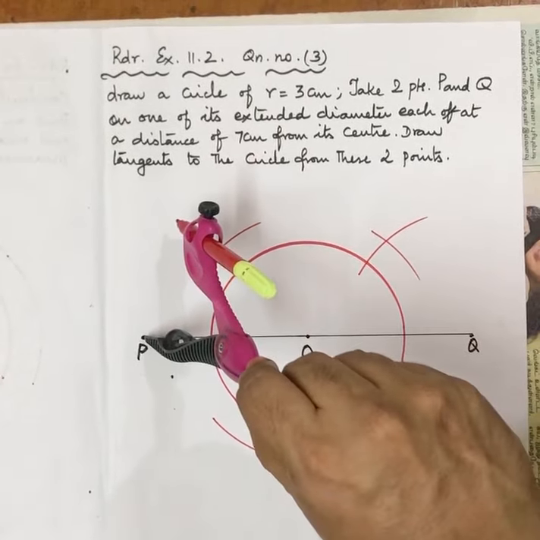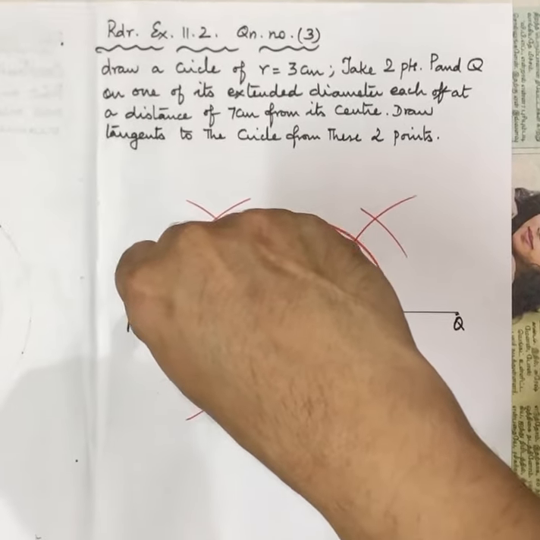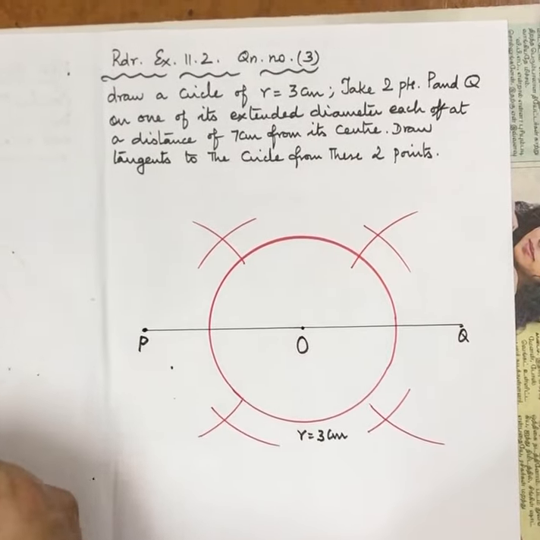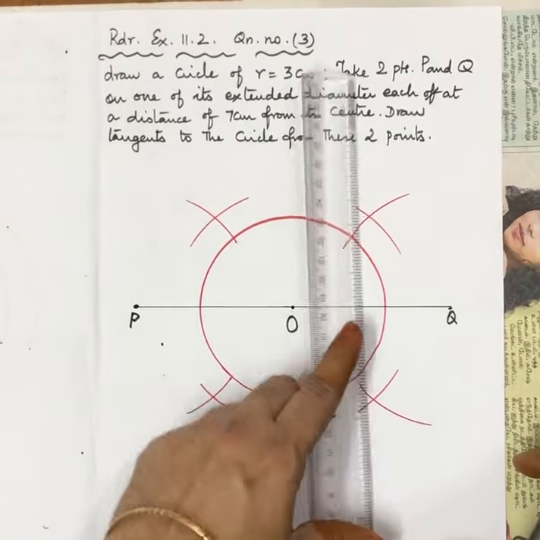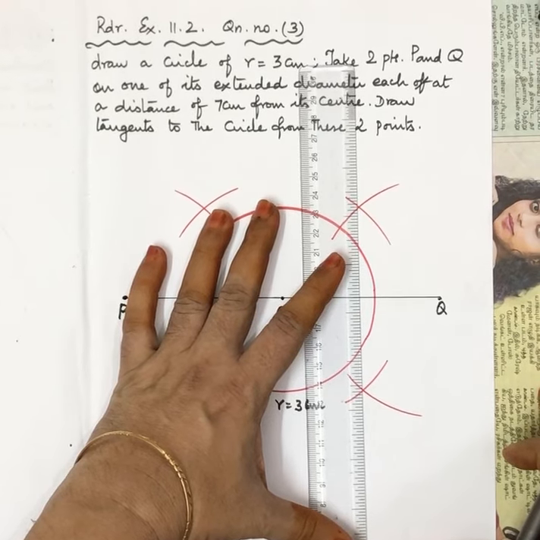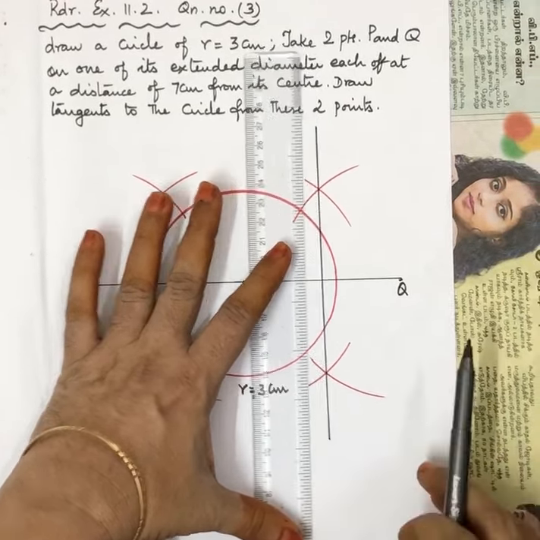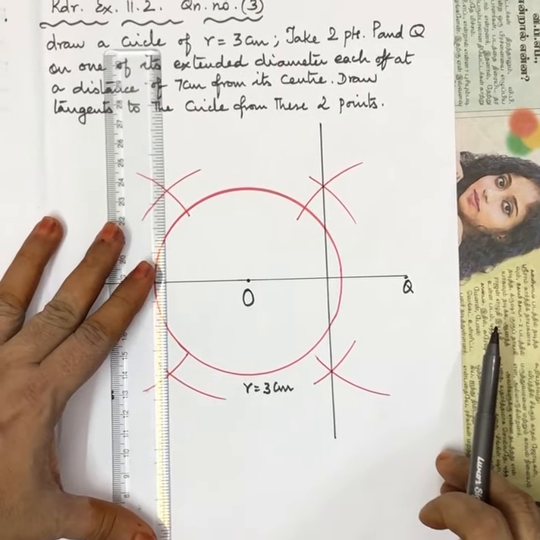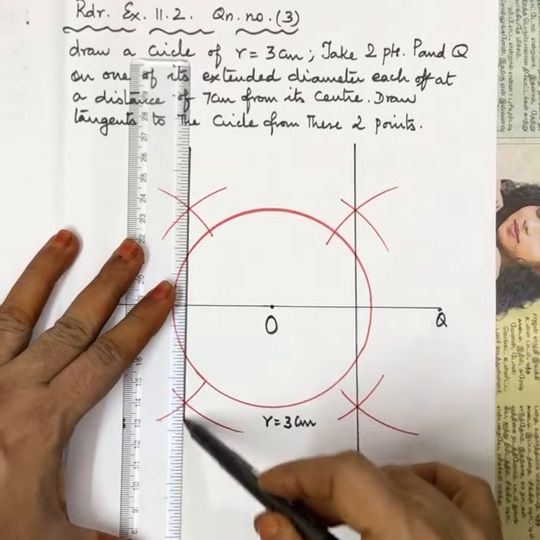So both the sides for OP and OQ we are going to draw perpendicular bisector. For that I am cutting arcs on both the sides. Now take your scale and pencil, draw the perpendicular bisector on both the sides.